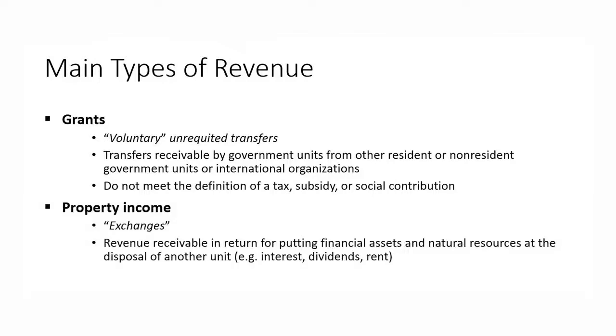Revenue receivable in return for putting financial assets and natural resources at the disposal of other units. Interest, dividends, or rents are, for instance. Yes, the government has a large fund and they get dividends for this. If they have savings, they get interest for it. Or if the government owns buildings and rents this, then this is property income. It's not a tax, it's not a fine, but it's a government revenue.